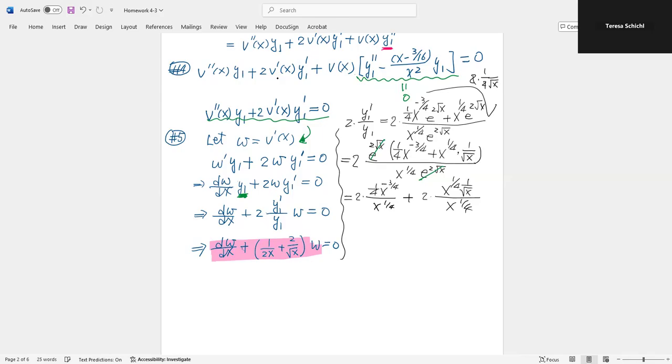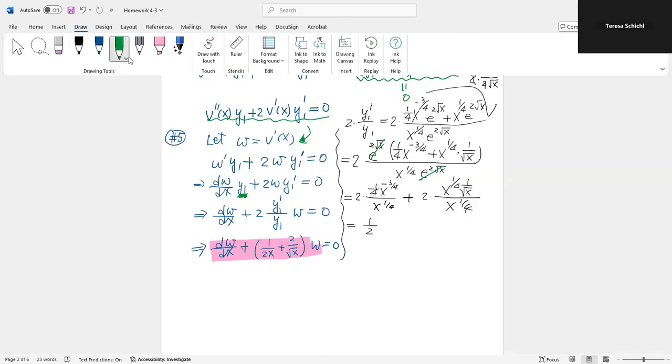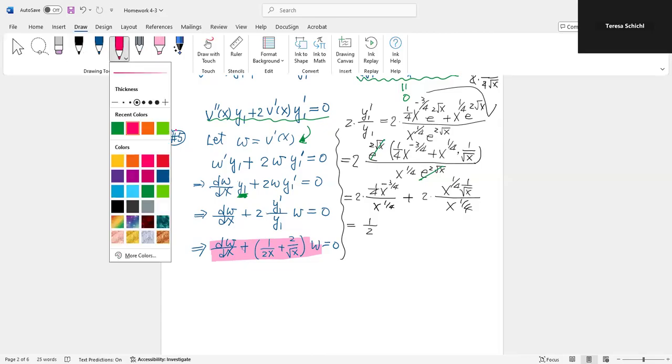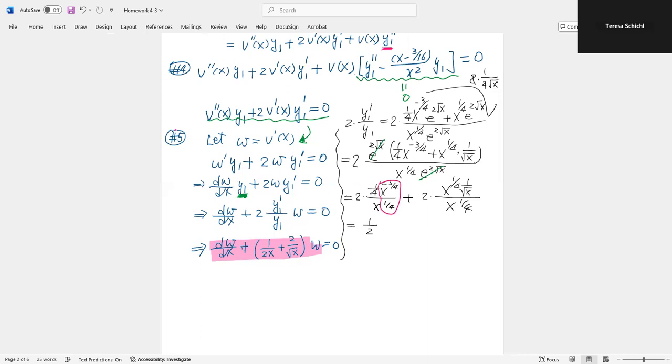So now these two terms become, 2 times 1/4 is 1/2, correct? And then this 2 is the x to the 3/4, to the negative 3/4 or 1/4.